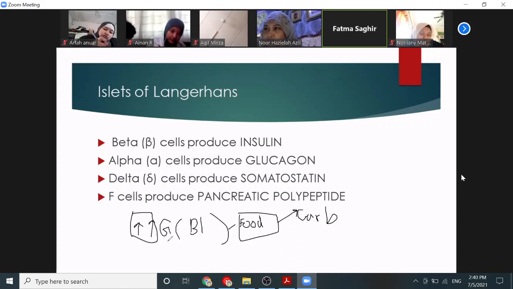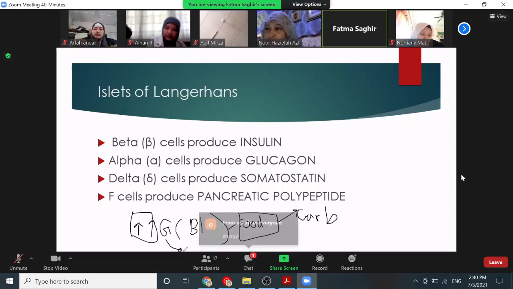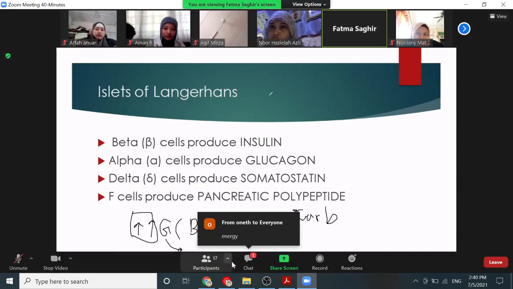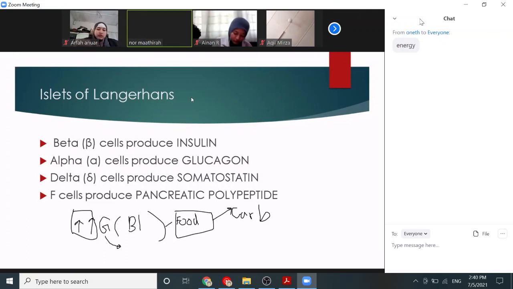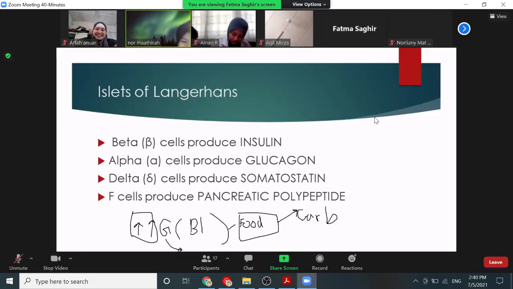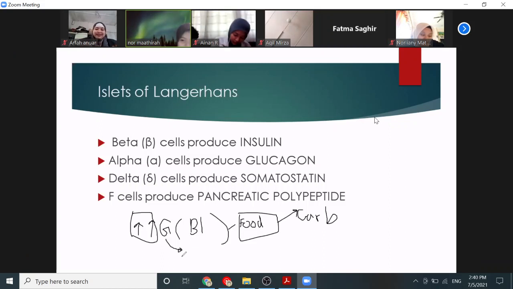So why do you need glucose, Matira? Is it important to have glucose in your blood? Yes, of course. What do you need to do with glucose? For cell metabolism.